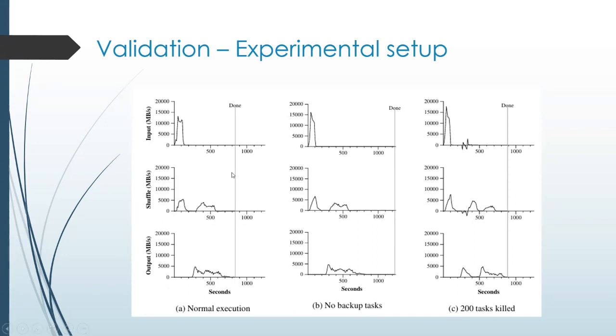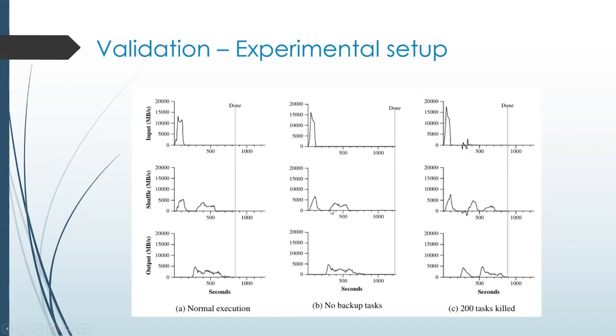So, in the first part, we can see a normal execution of the sort program. It shows various graphs representing three functions, which are input read rate, data sent over the network, and sorted data returned to output files. We can see that it typically takes from 900 to 1000 seconds to complete the data analysis.